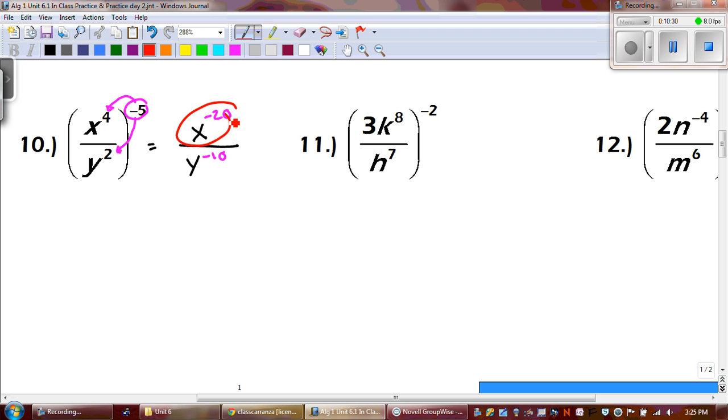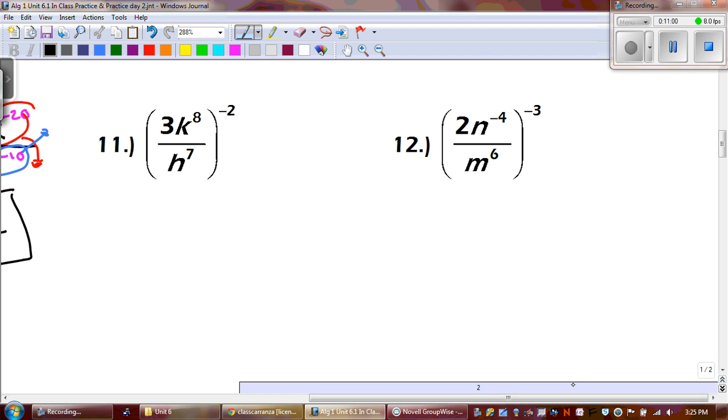So if our exponent's negative, we drop it like it's hot. And if it's already on the bottom, we bring it to the top. So when we rewrite this, that y to the 10th came up, and x to the 20th went down. And remember, once we move, we don't have any negative exponents. Okay?